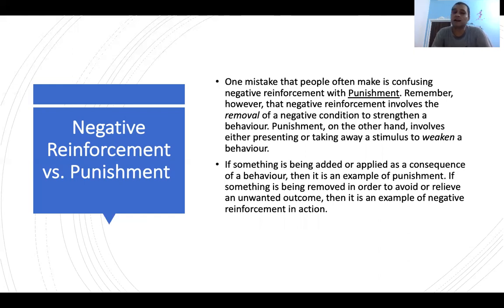Punishment, on the other hand, involves either presenting or taking away a stimulus to weaken a behavior. So there is a slight difference. If something is being added or applied as a consequence of a behavior, then it is an example of punishment. If something is being removed in order to avoid or relieve an unwanted outcome, then it is an example of negative reinforcement.